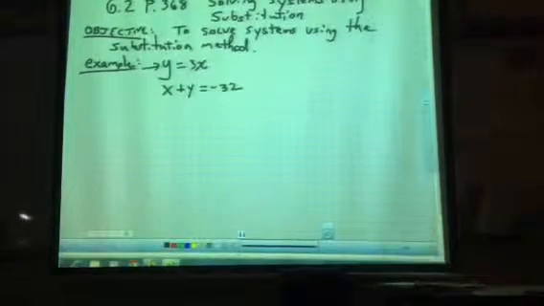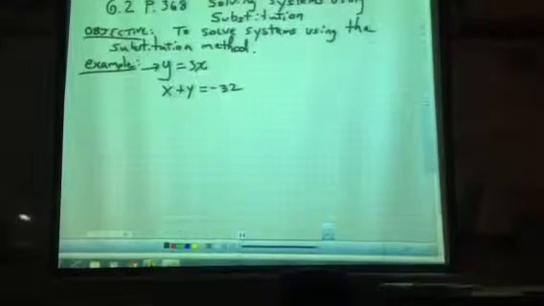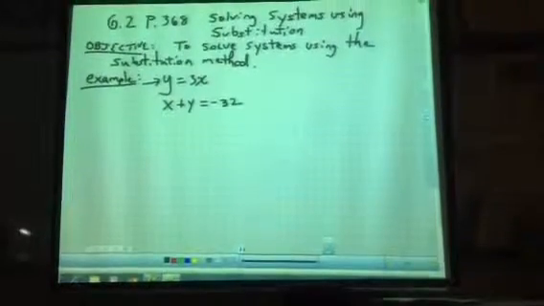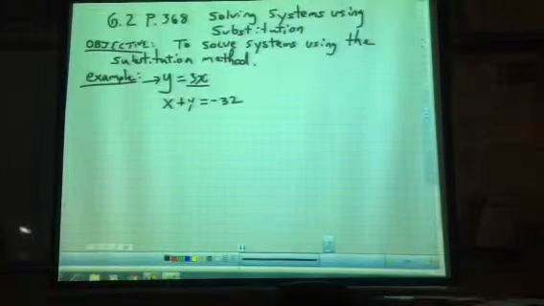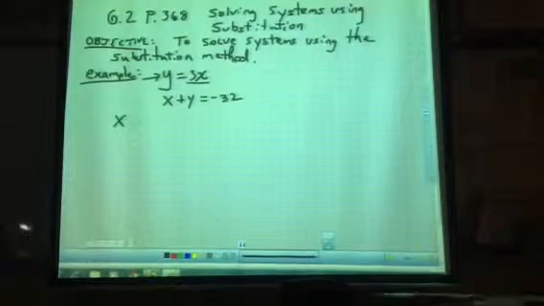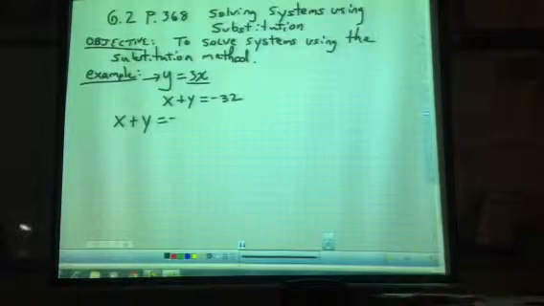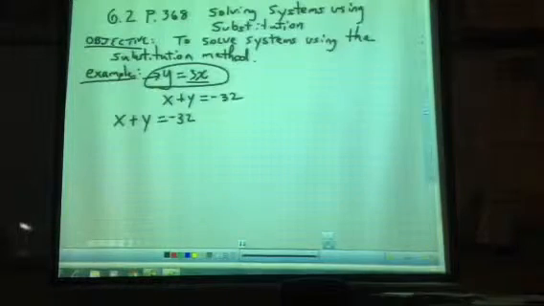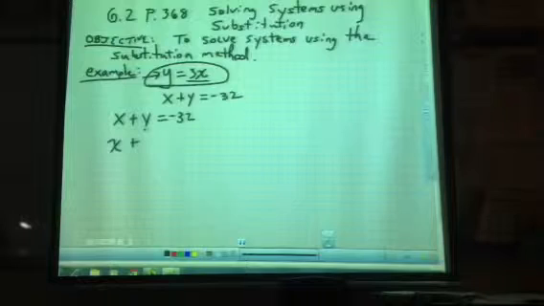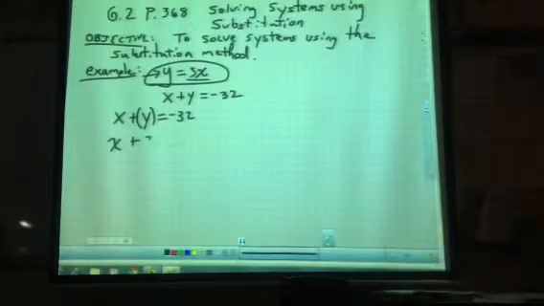So if you know y equals 3x and you have the other equation, x plus y equals negative 32, you could substitute 3x where y is. In x plus y equals negative 32, we could replace that y with what y is, which is 3x.